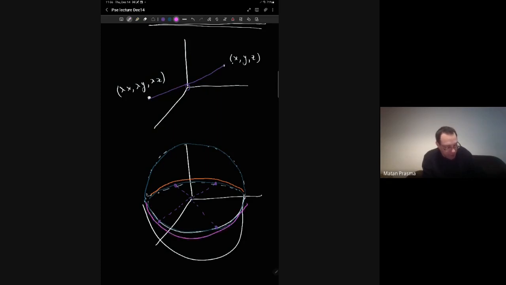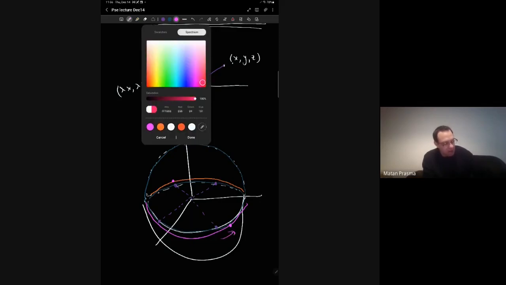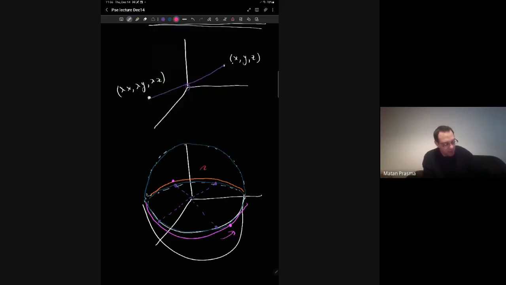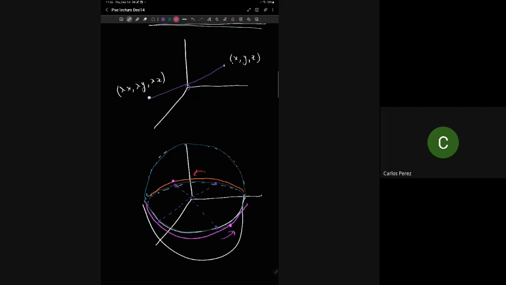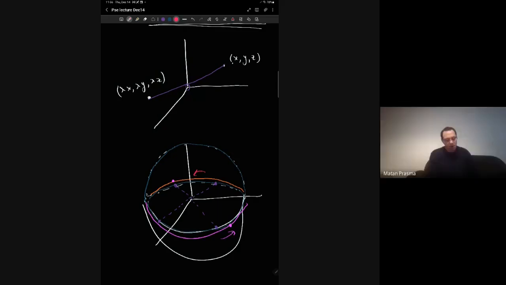But you glue it in an order. I mean, you glue this point to its antipodal point. So it's like you have this direction here and the opposite direction here. Okay, fair enough. And what you get is again a sphere.